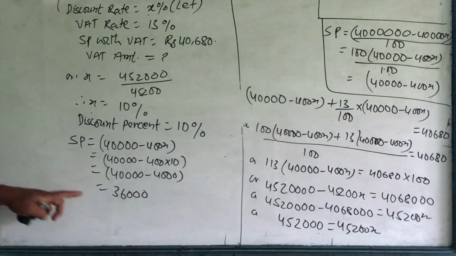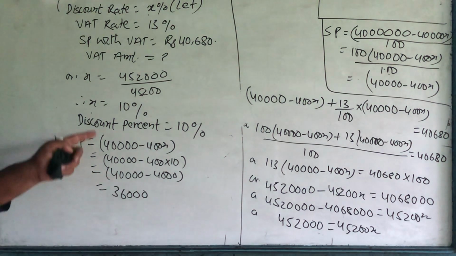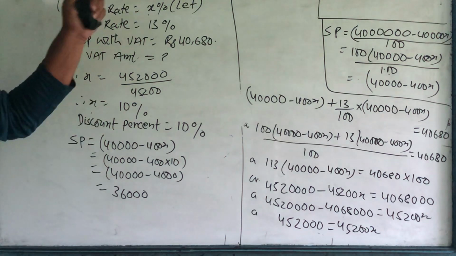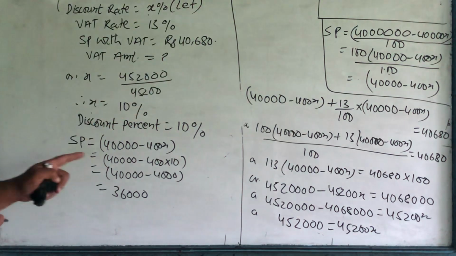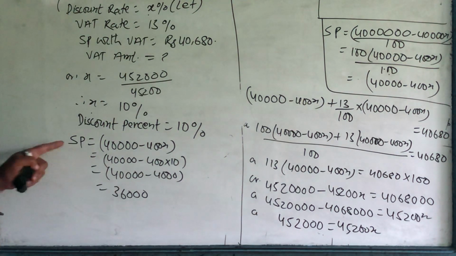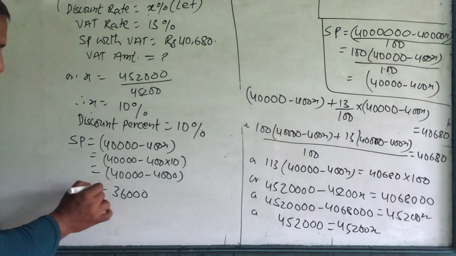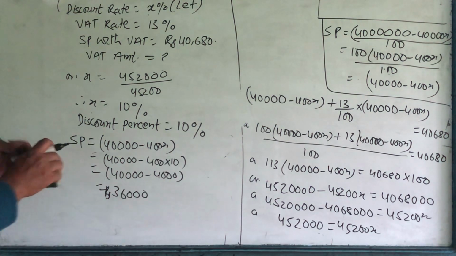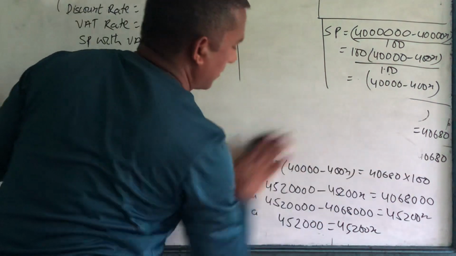So SP means 36,000, because VAT percent is calculated on SP. So we got the actual value of SP, 36,000. Now you can easily do the VAT amount.